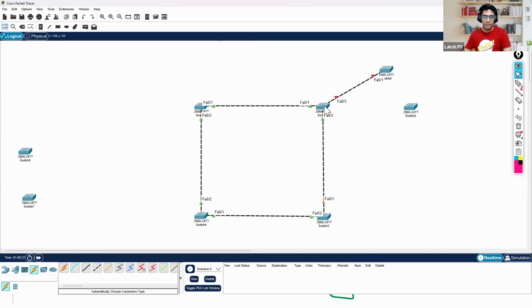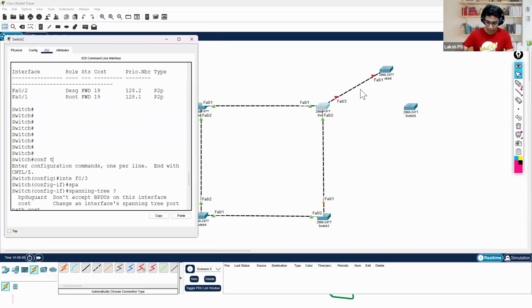Now, as I said, when BPDU guard is enabled and a BPDU is received, this interface is in an error disabled state. To move this interface back to its normal state, we have to manually shut it down and unshut it.